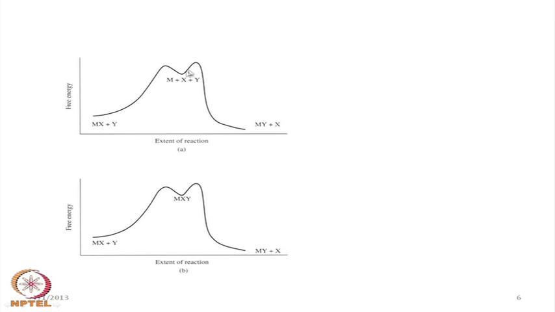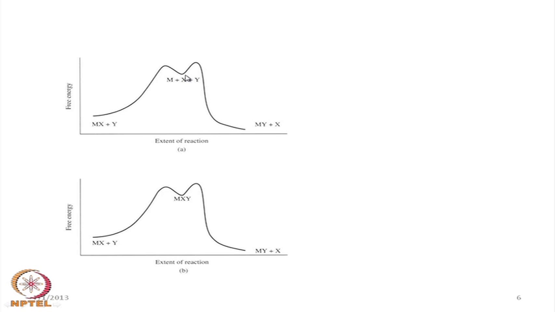This stabilized point, the dissociated form, has some stabilization, then it reacts with Y forming the product, which is ML5Y. Here also, due to the extent of reaction, the associated form has some stability.